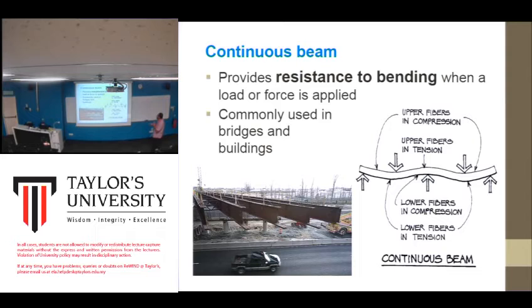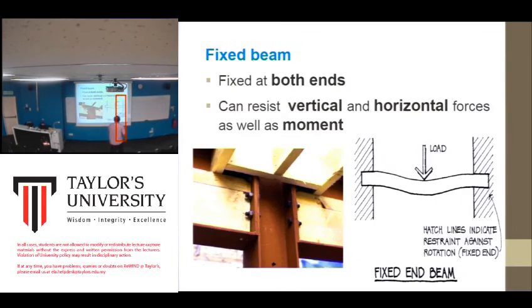And because there are more than two supports, here there are three supports. This type of beam provides resistance to bending when a load or force is applied. It is usually used for the construction of bridges and also buildings. Usually for long span structures, we use this kind of beam.